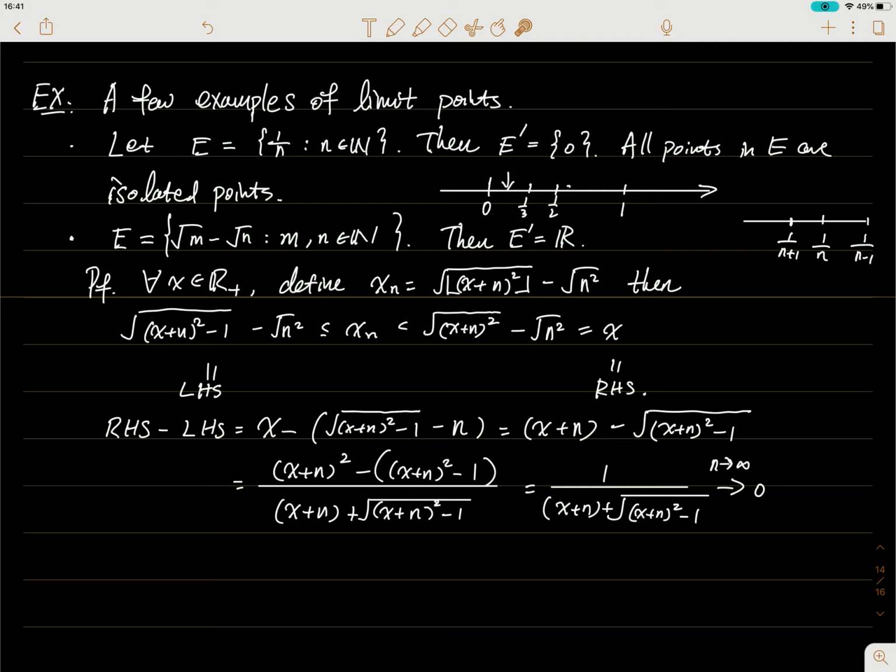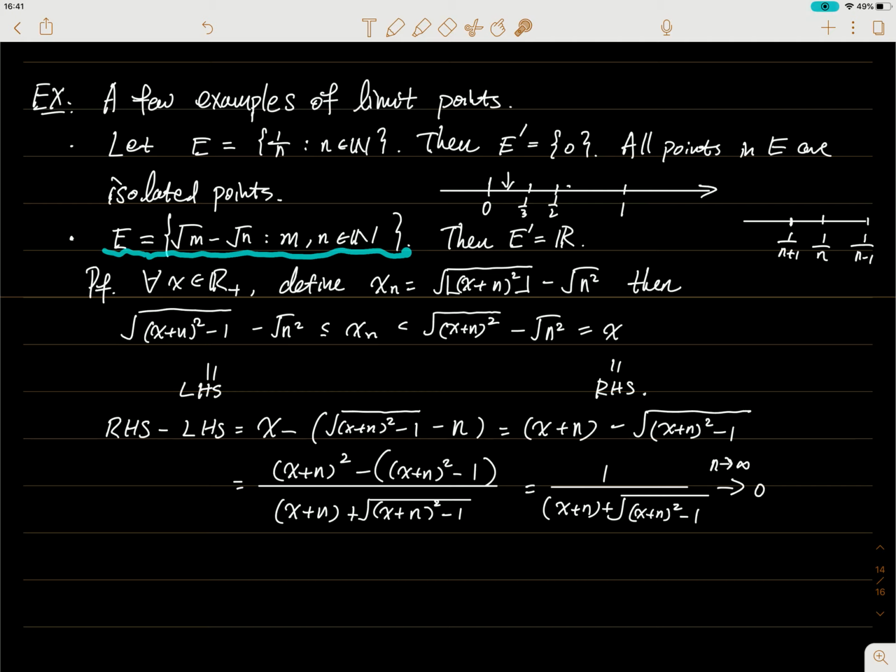The second example is, say I have a set E. Again, it's a subset of the real numbers, composed of square root of m minus square root of n, where m and n are natural numbers.